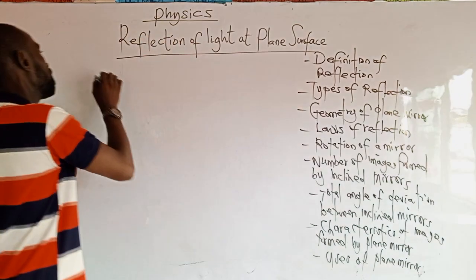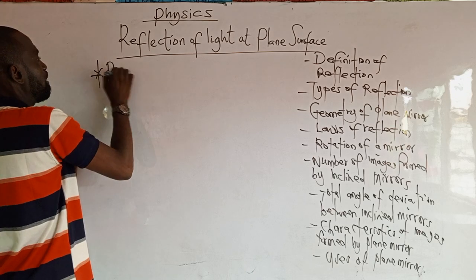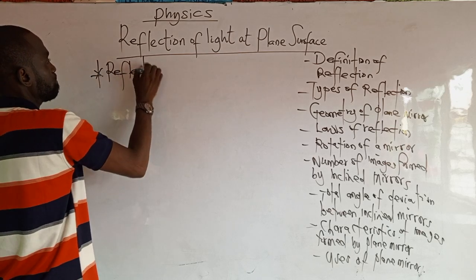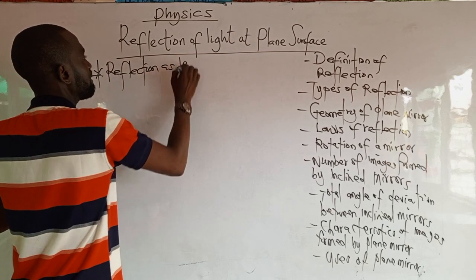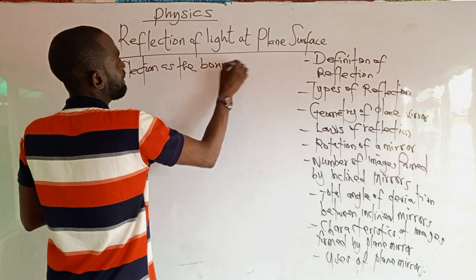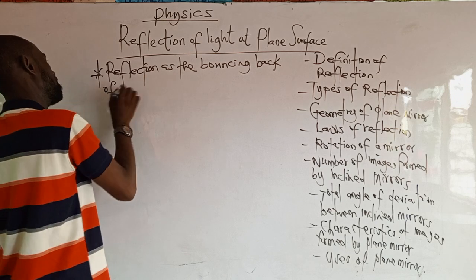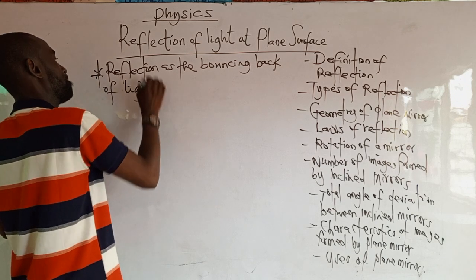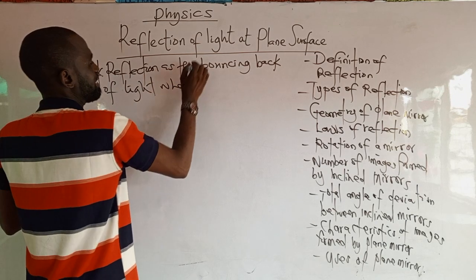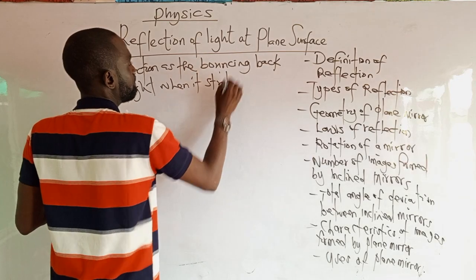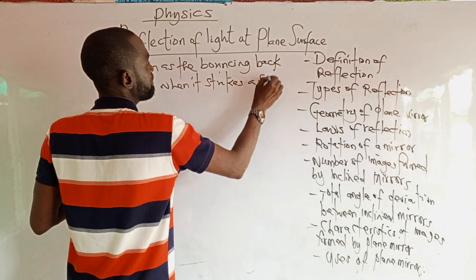So we define reflection as the bouncing back of light when it strikes a surface.